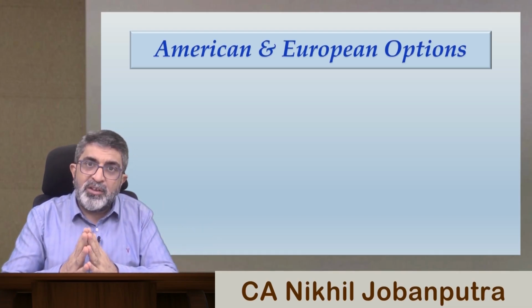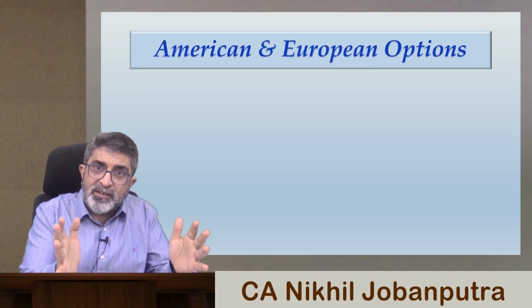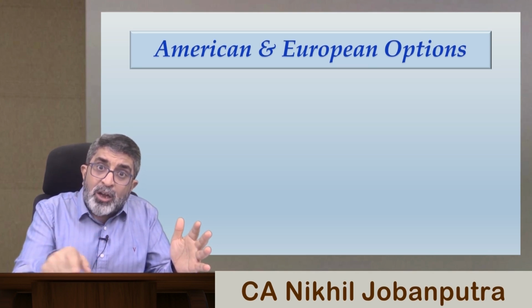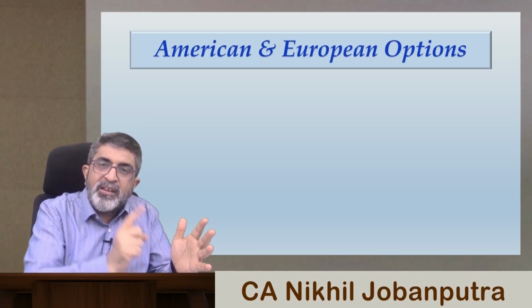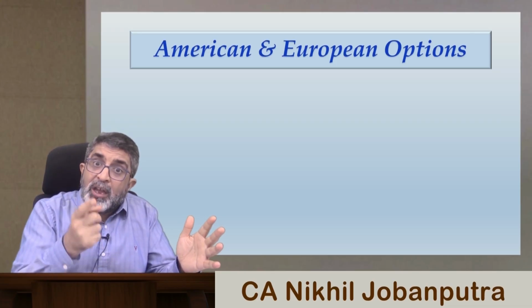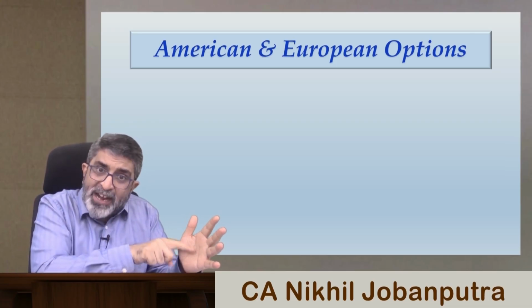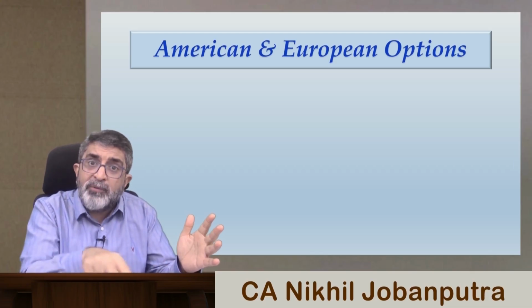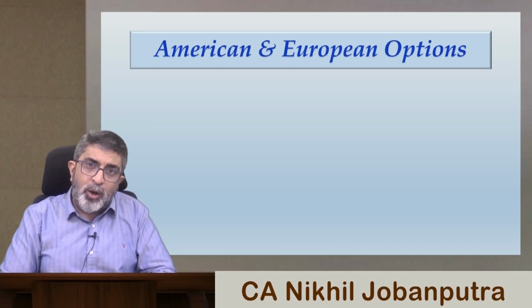In other words, if there is a date specified in the option contract and the contract has to be settled only on that date, it is European option. If the contract can be settled any day up to that date, that means on or before that specified date, then it becomes American style option or American options.